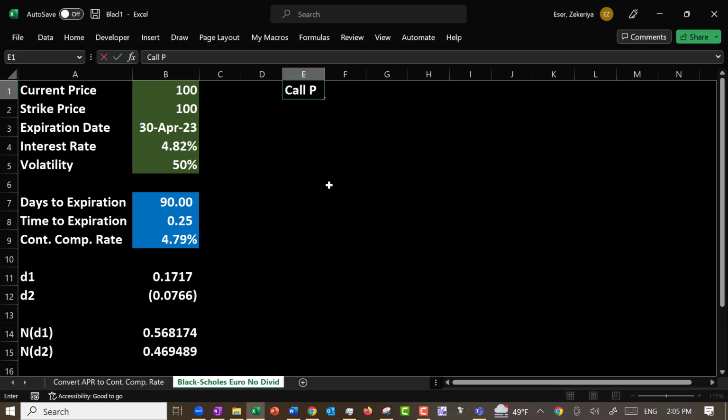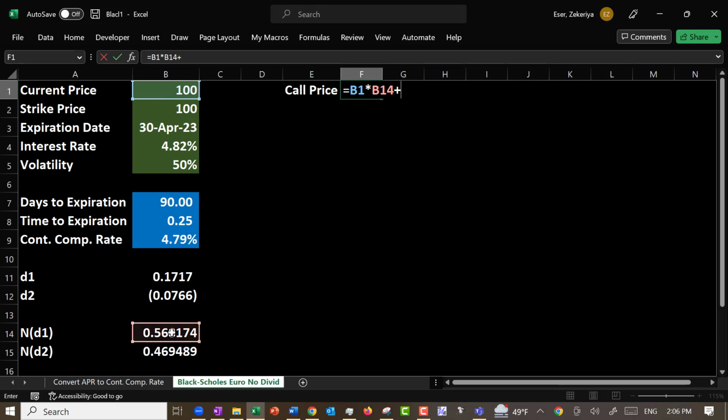So call price is current price times N of D1 minus e to the negative r times t times the strike price.